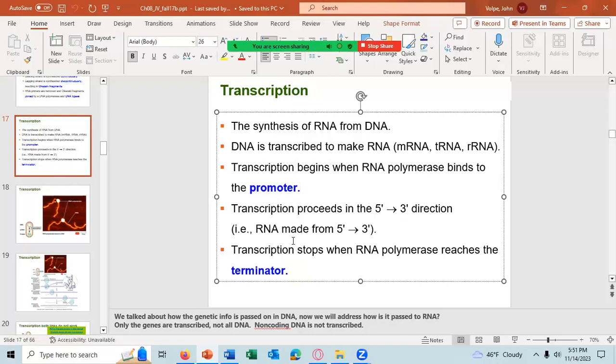So RNA will be made in the 5' to 3' direction. And then the RNA polymerase will continue transcribing the RNA from the DNA until the RNA polymerase reaches the terminator.